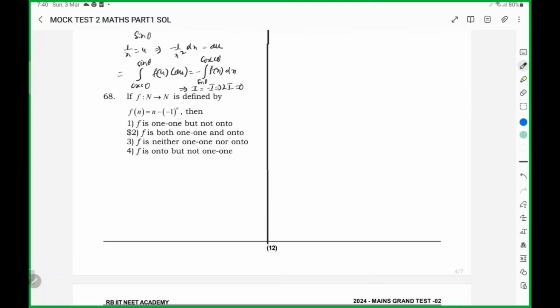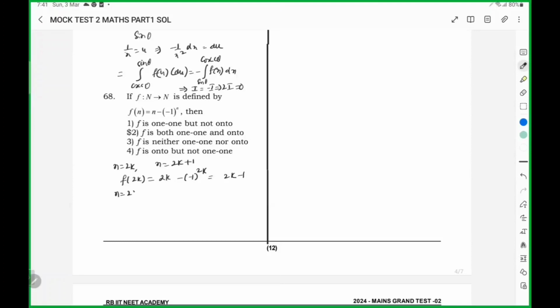Here, (-1)^n is decided by whether n is even or odd. Natural numbers can be even or odd; an even number can be expressed in the form 2k. So f(2k) = 2k - 1, since (-1)^(2k) = 1.